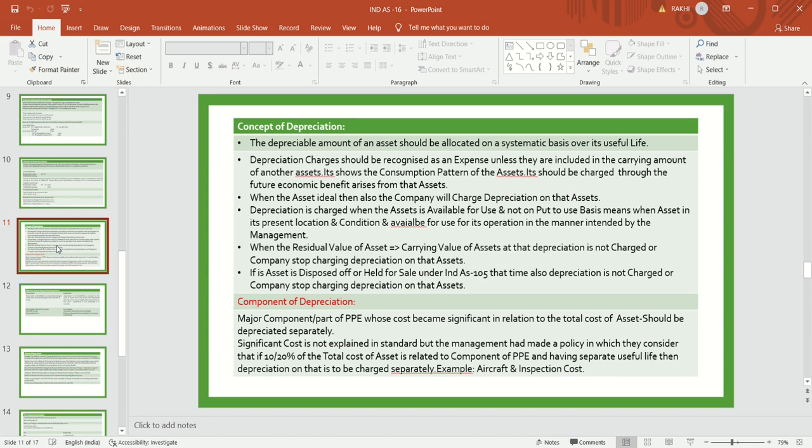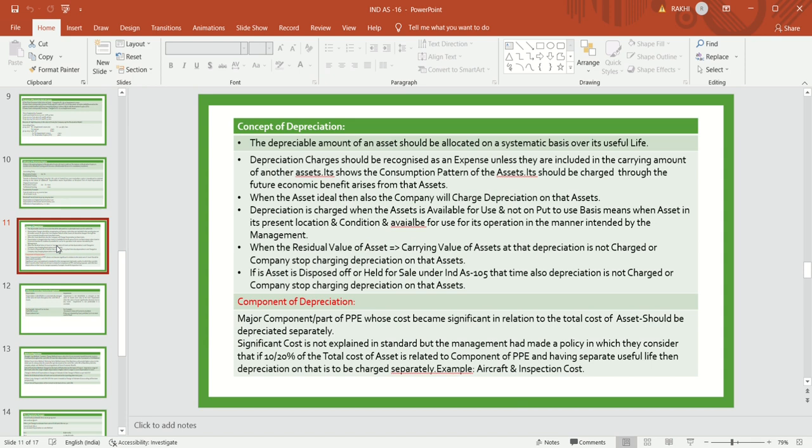And if the company has transferred that asset to other current assets as an asset held for sale as per Ind AS 105, that time also the company will not charge depreciation on that asset. So this is the concept of depreciation.